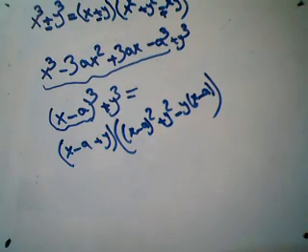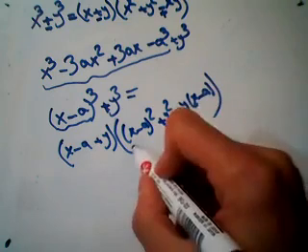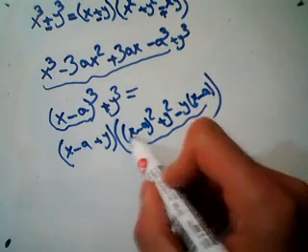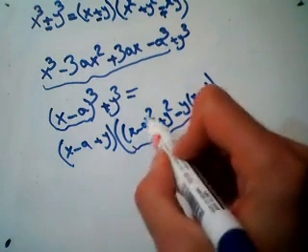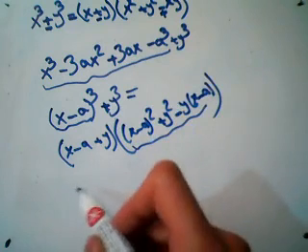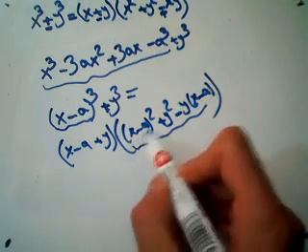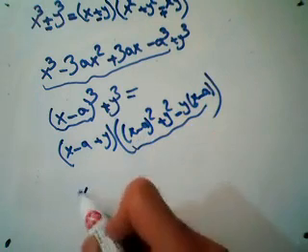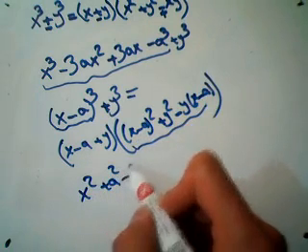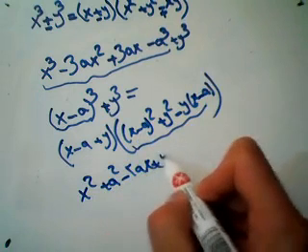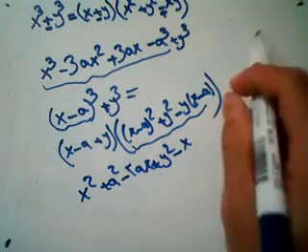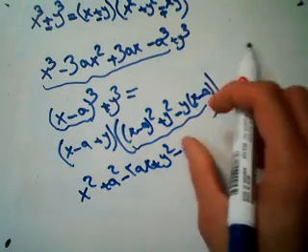And in order to factor this further, if it was possible, you should first get rid of the parentheses and write it as a polynomial. That would be x squared plus a squared minus 2ax plus y squared minus xy or yx plus ay.